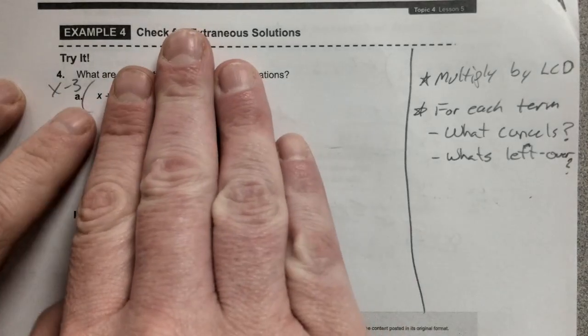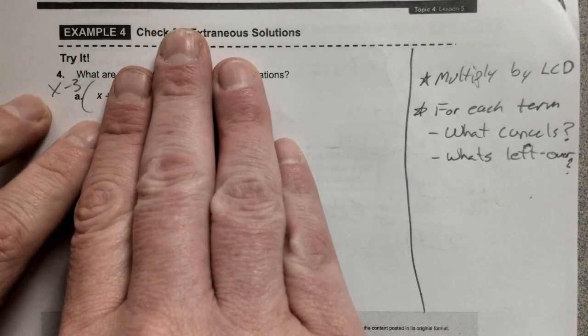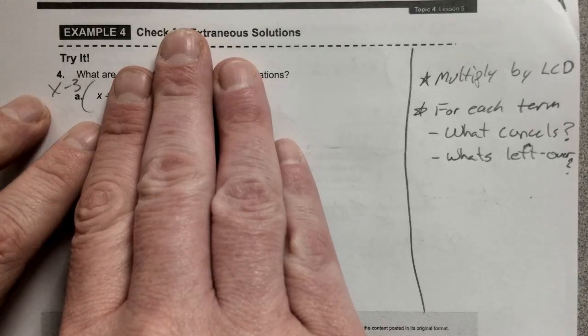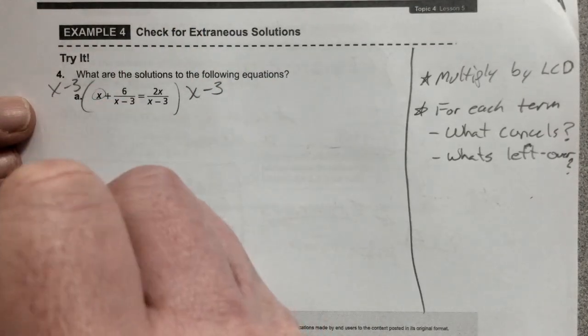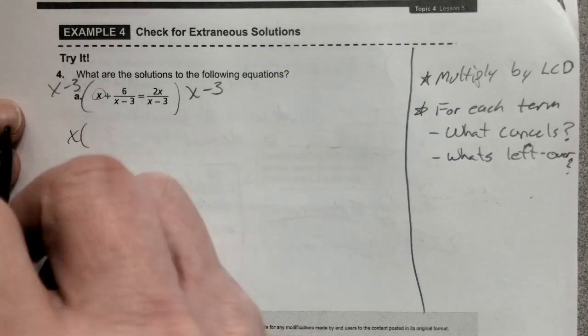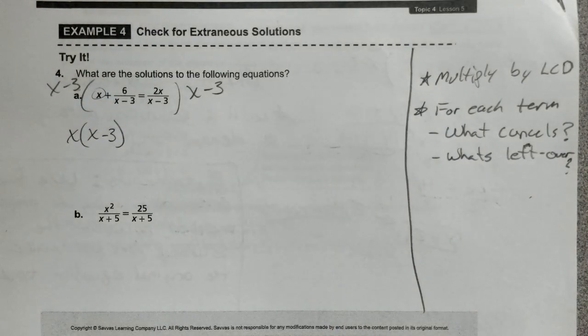Looking at that first term, when we multiply x minus 3 with x, what cancels? Nothing. Good. What's left over? x, and x minus 3. Good job.